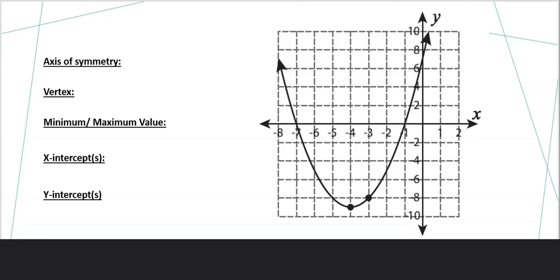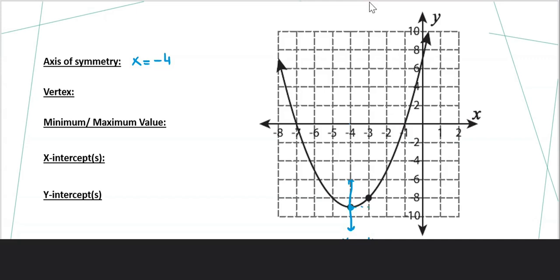In this graph, again, the axis of symmetry is the line that divides the curve into two equal halves. So it is basically here, and here the value of x is minus 4. So the axis of symmetry is x equal minus 4. Vertex, again, this is an upward parabola, so it is here.